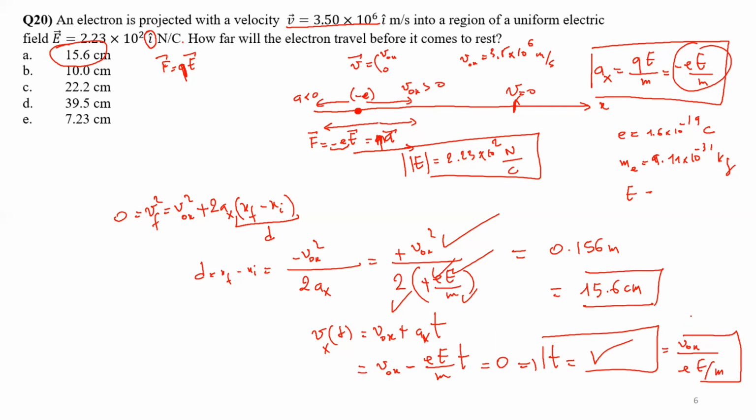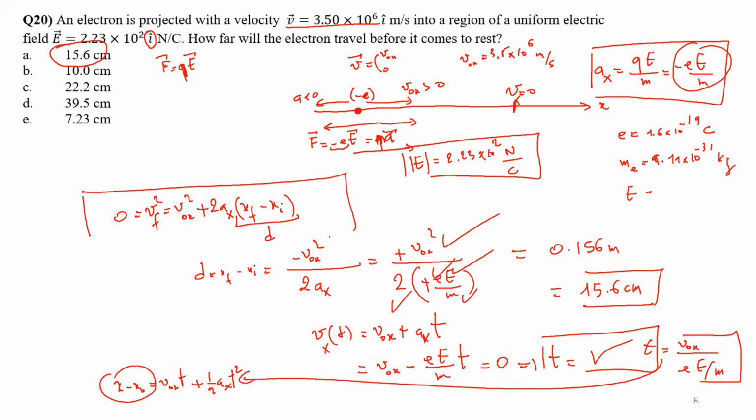Now, once I get the time, what do I do? I know that x minus x naught is equal to v naught x t plus half a_x t squared. So I know everything. I just take this time and plug it here, and I will get x minus x naught. Of course, the first method is faster, but this is another way to get the same thing, like in Physics 101.